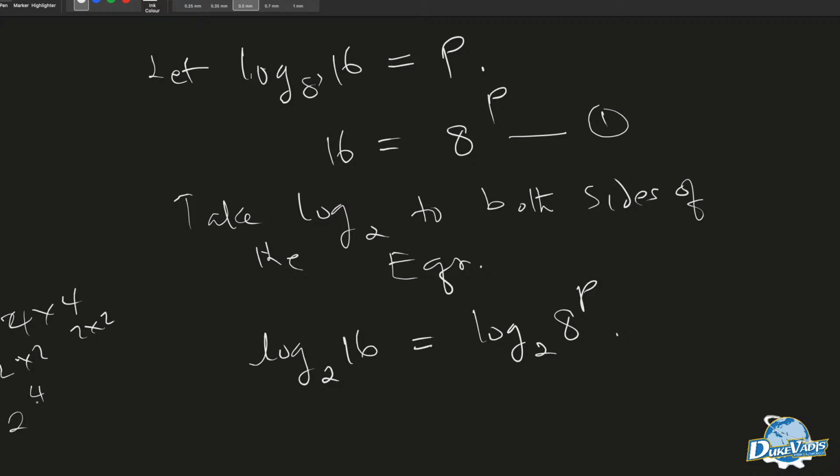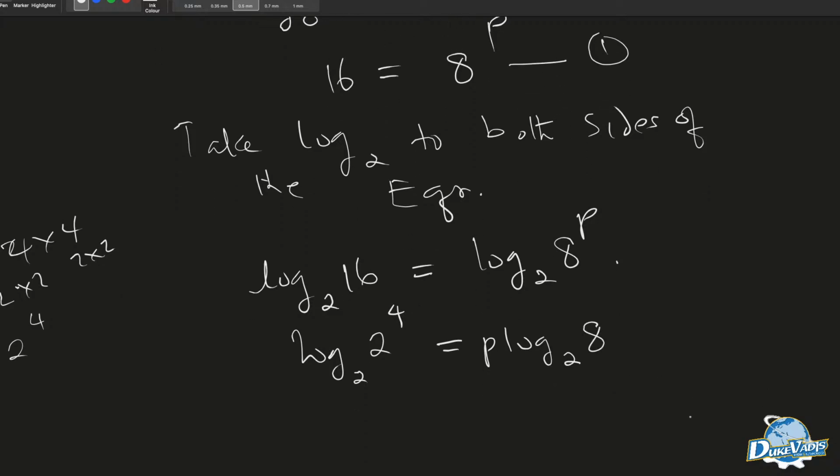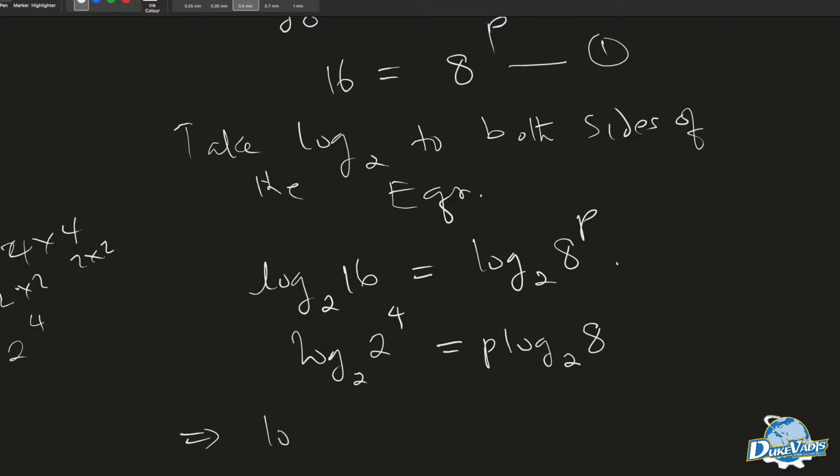So here we say log 2 raised to the power 4 is equal to p log of 8, and we can also further break the 8: log 2 raised to the power 4 is equal to p log 2 raised to the power 3.